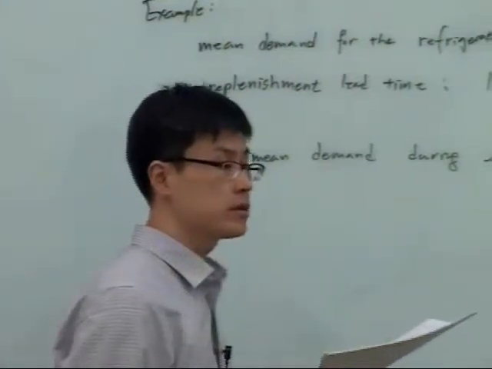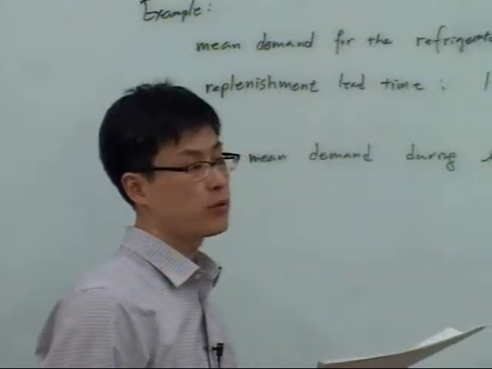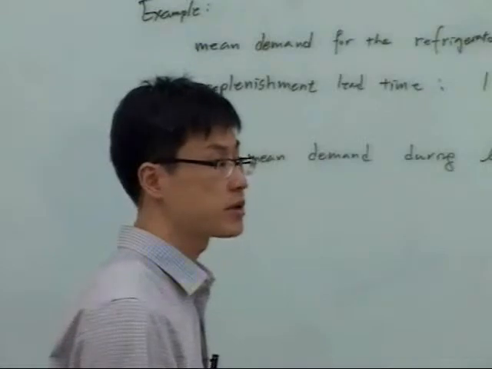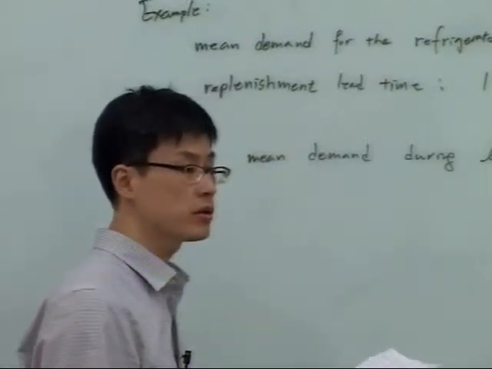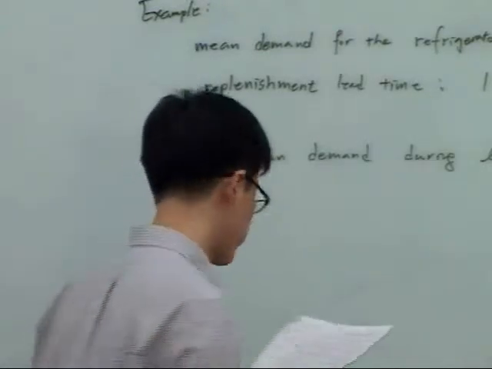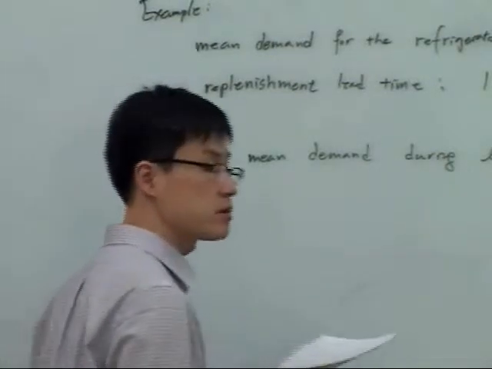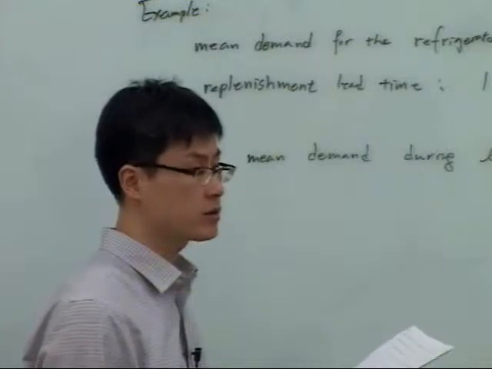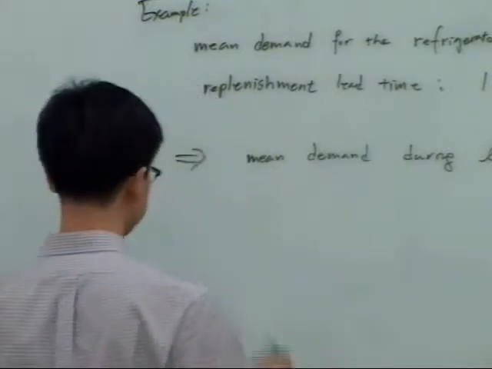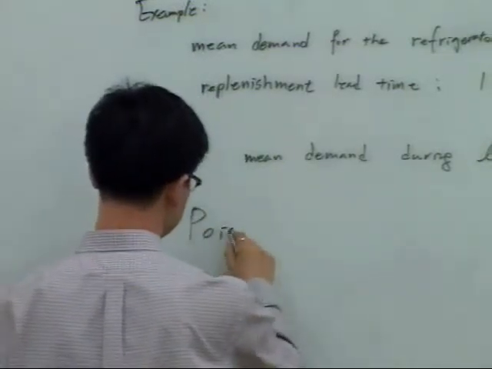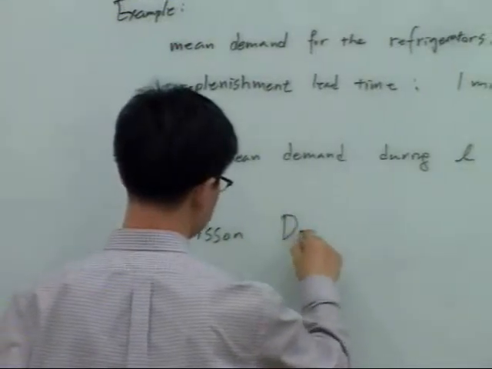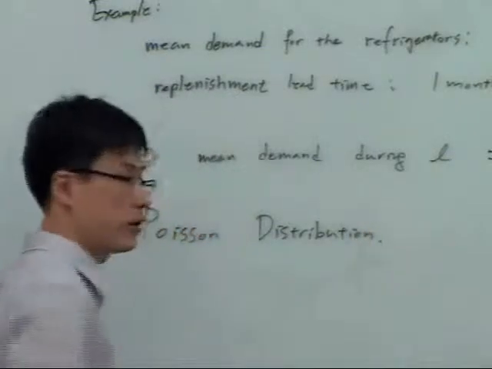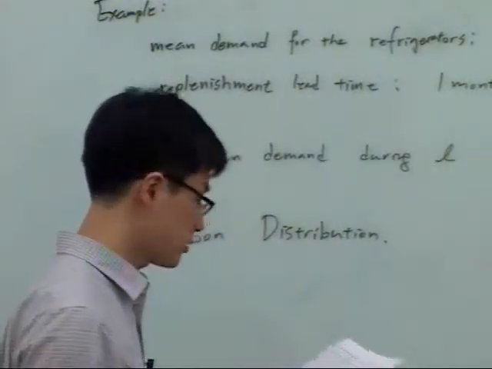And in this base stock model, we discretized the demand as an integer. So the most simple integer distribution is the Poisson distribution. So let's suppose this demand is a random variable, but it follows the Poisson distribution.